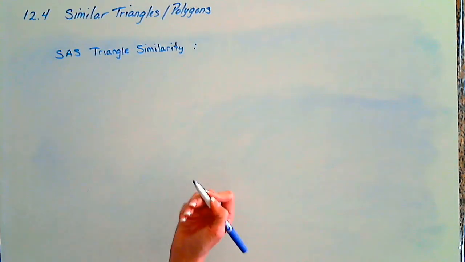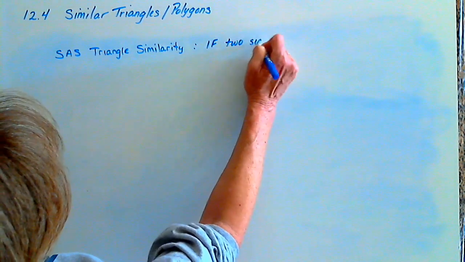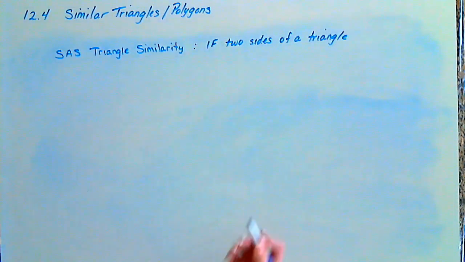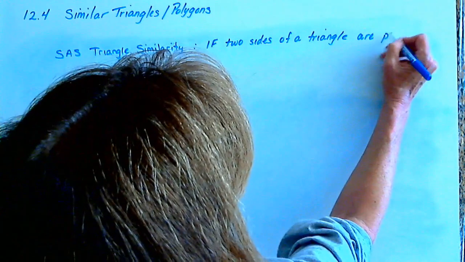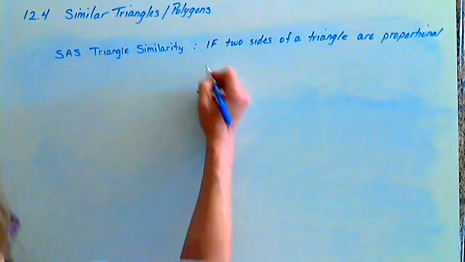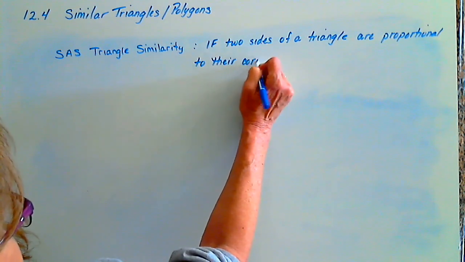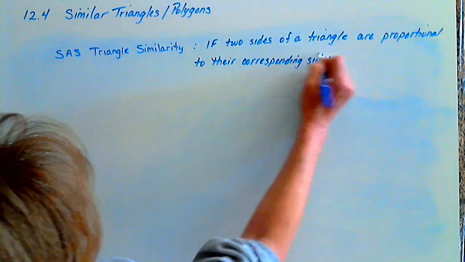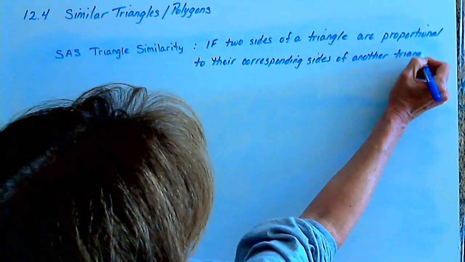So if two sides of a triangle are proportional to their corresponding sides of another triangle, now, we've talked about the two sides.